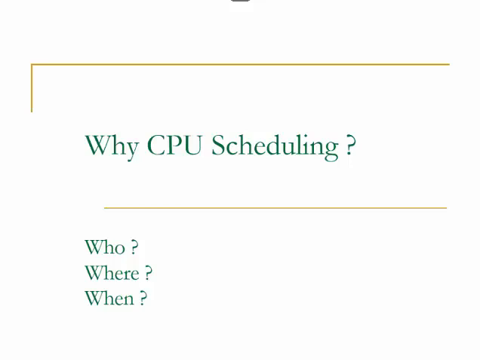Then who will do that? The short-term scheduler will do it, along with a dispatcher. Sometimes the dispatcher is a part of the short-term scheduler, and sometimes they can be in different modules. The dispatcher module gives control of the CPU to the process selected by the short-term scheduler.